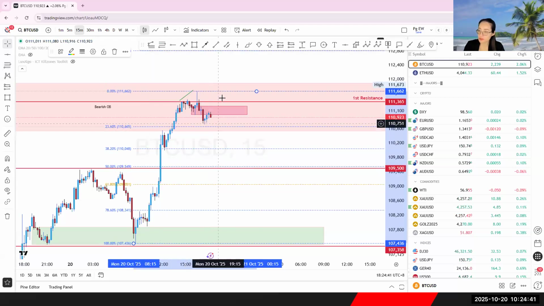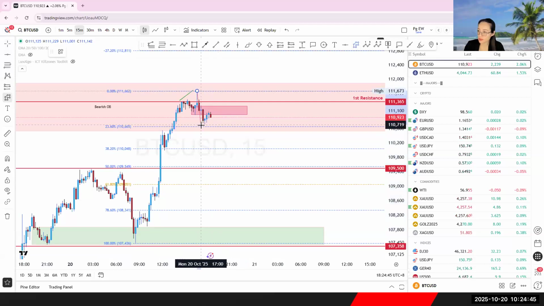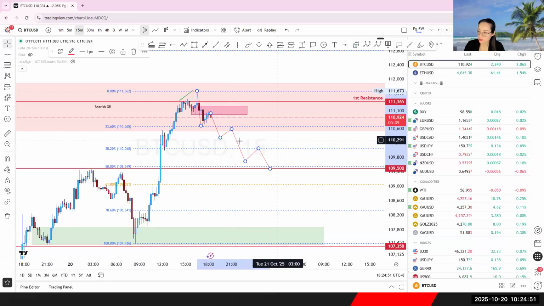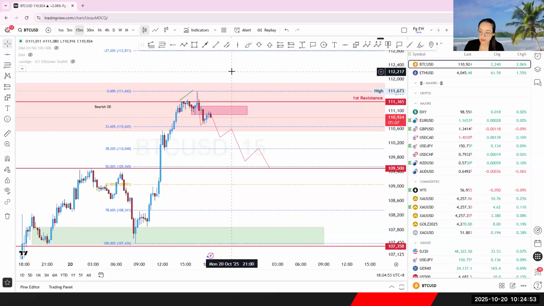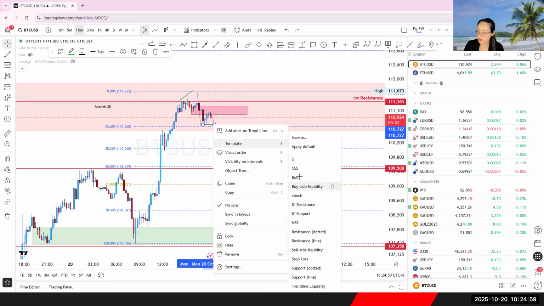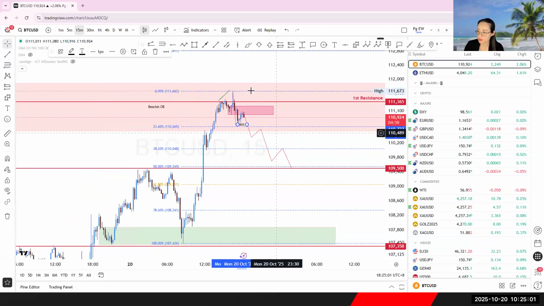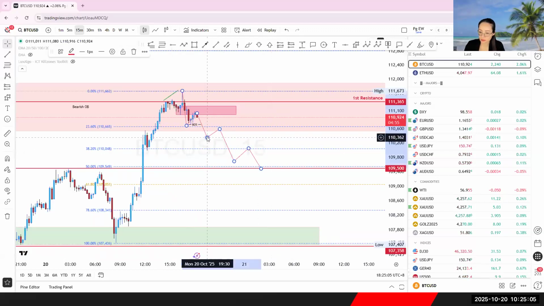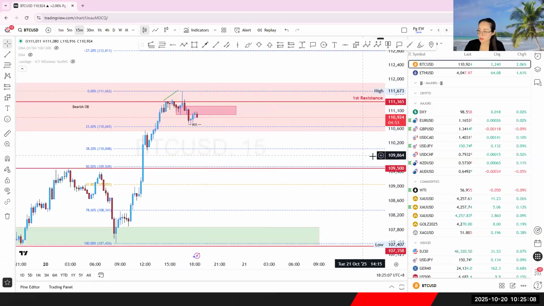If the price makes a pullback, breaks the low, then you can still hold your sell, meaning this is the previous low, the current low here. If price closes below, this is going to be your break of structure. Price makes a lower low, lower high, and then you can hold your sell entry. Take note of that.